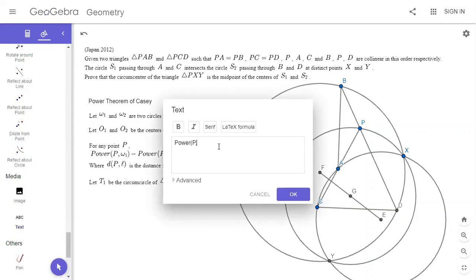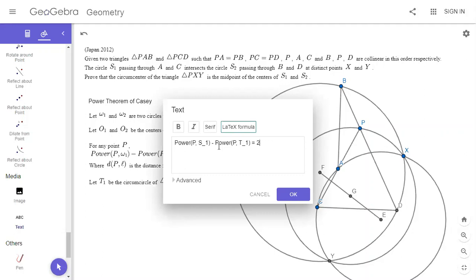So the power of P with respect to S1 minus the power of P with respect to T1 is equal to PA times... I'll just write out Kc first.